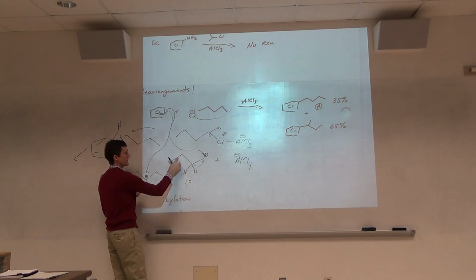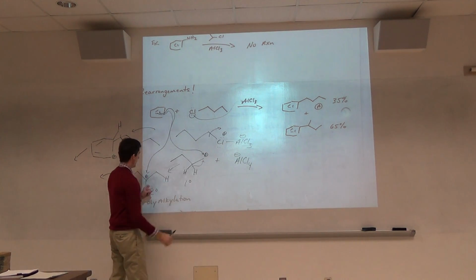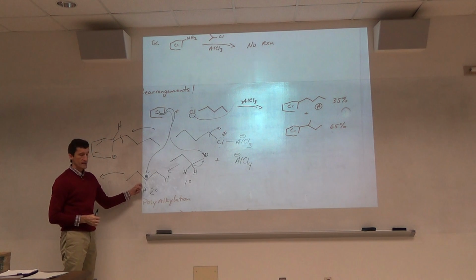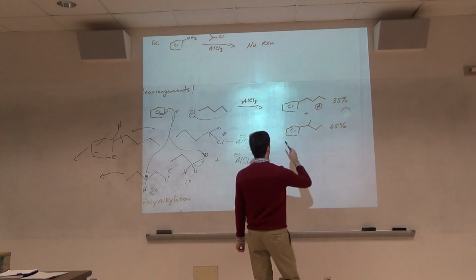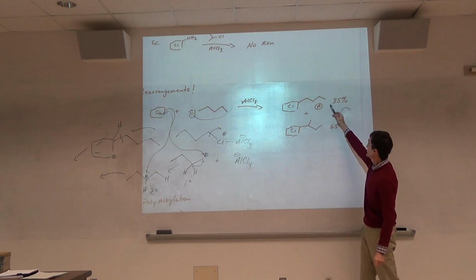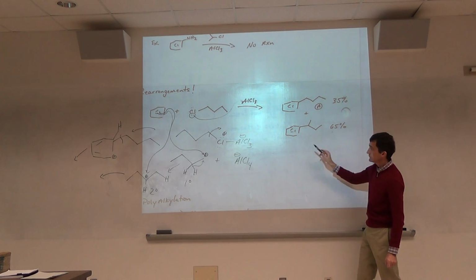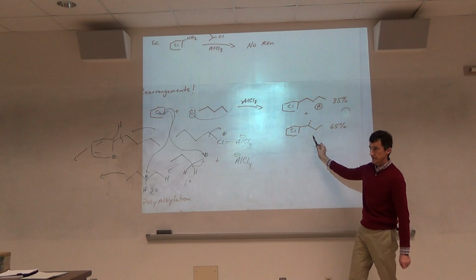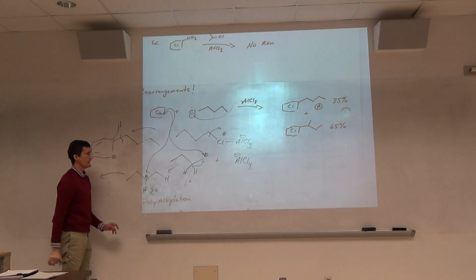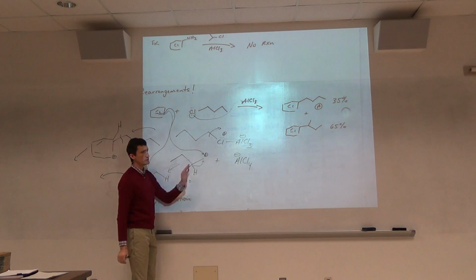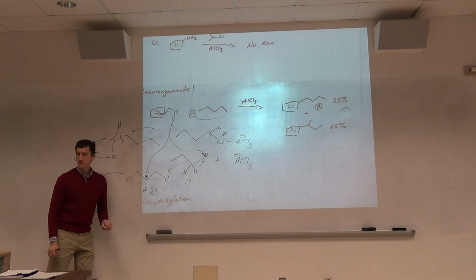The main point is you either attack the primary to get the A, but the major product is where you attack secondary. Okay? Apparently the primary cation exists long enough to attack and give some, but the majority rearranges and you attack the secondary. Again, there's some argument here whether it's really a true primary carbocation. I'm not going to get into that.